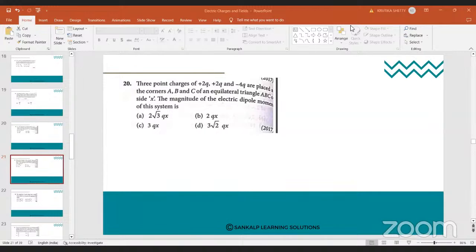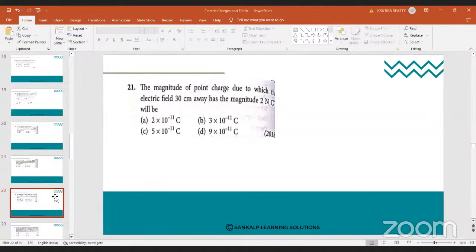Then the next question. The magnitude of point charge due to which the electric field 30 centimeter away has a magnitude 2 Newton per Coulomb will be. Yes, they are asking for the magnitude of the point charge. Use the formula for electric field intensity: E is equal to 1 upon 4 pi epsilon naught, Q upon R square.